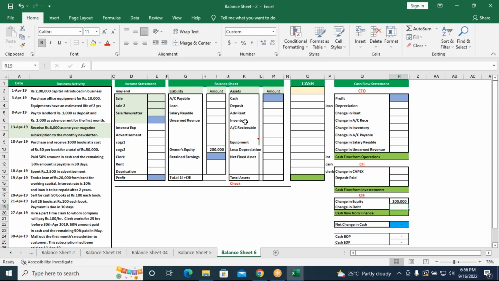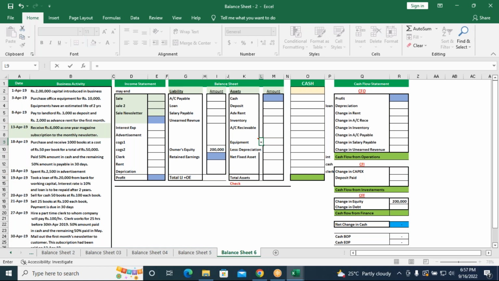In CFI, it's written change in CAPEX. What does that mean? CAPEX is capital expenses, meaning whatever amount I'm investing in order to purchase my fixed assets. CAP stands for capital, EX stands for expenses.